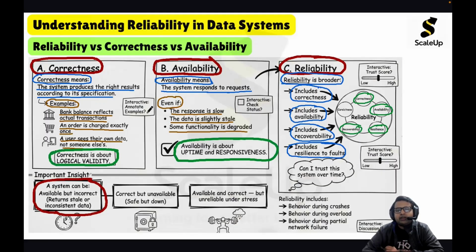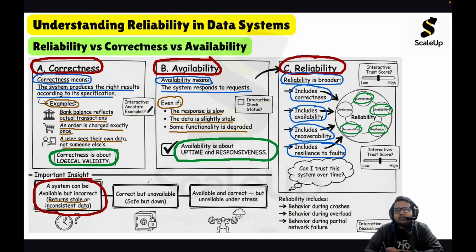The system might return stale or inconsistent data. Since the system is responding to incoming requests, we call it available. But since it is returning stale or inconsistent data, correctness is compromised. The system is not correct. So we saw that a system can be available but incorrect.